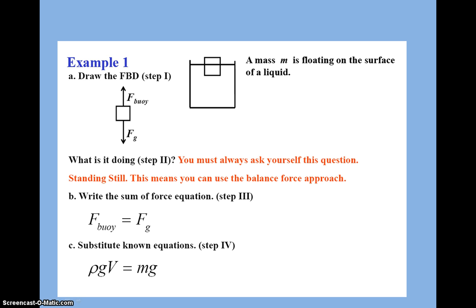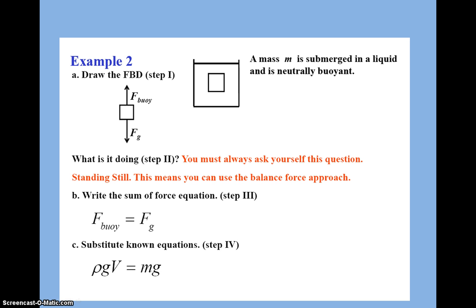I would have the force gravity down and the buoyant force up, and they would have to be equivalent to one another. But remember that the buoyant force would be equivalent to the volume of the displaced fluid, so only the volume of the cube that is submerged underneath the surface of the water.